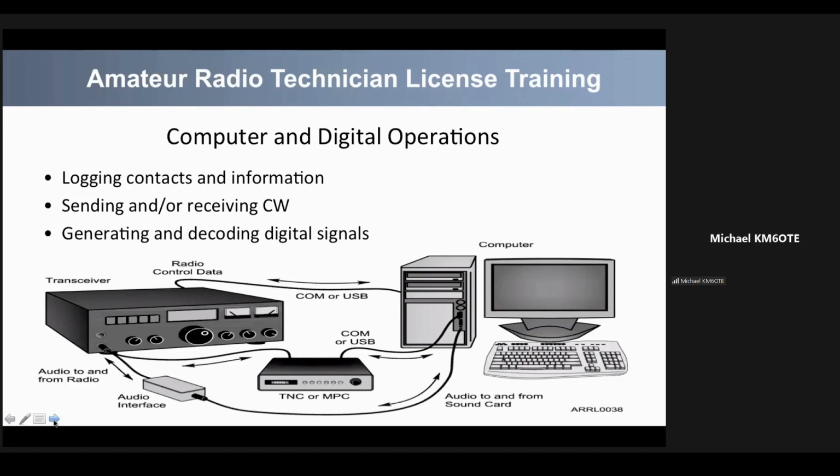Okay, so digital operations. Why would you want to have digital operations? Well, it turns out that there are a number of programs available that are very useful or interesting, or in fact, very helpful in an emergency. For example, there's a program called WinLink, where if you hook your computer up to your ham radio, you can send email to non-hams.